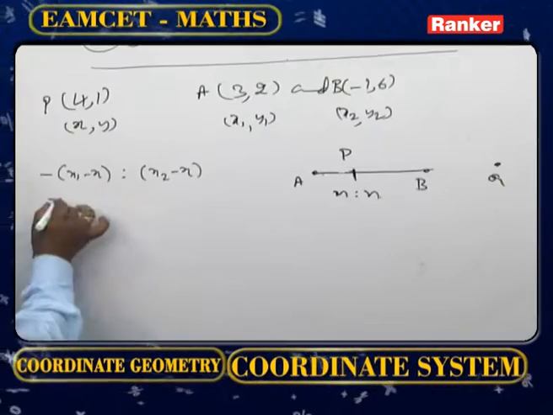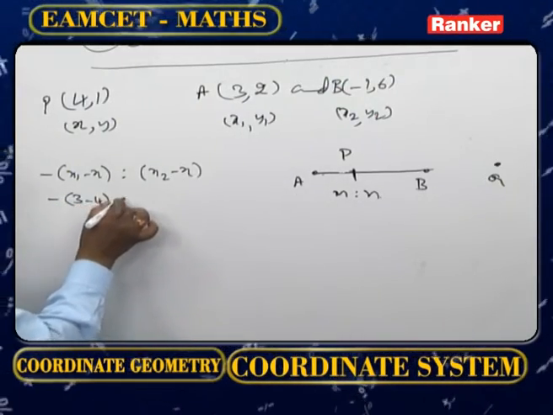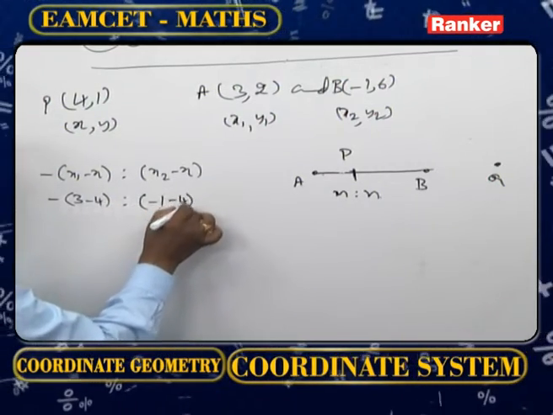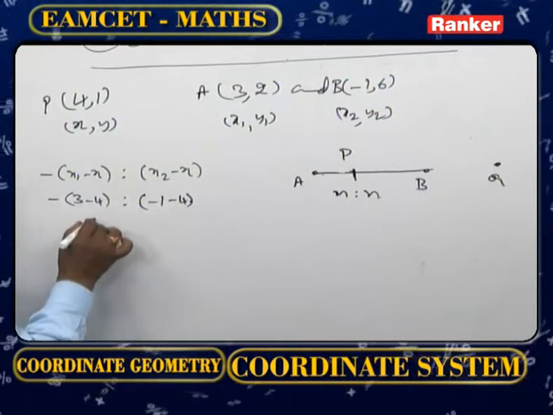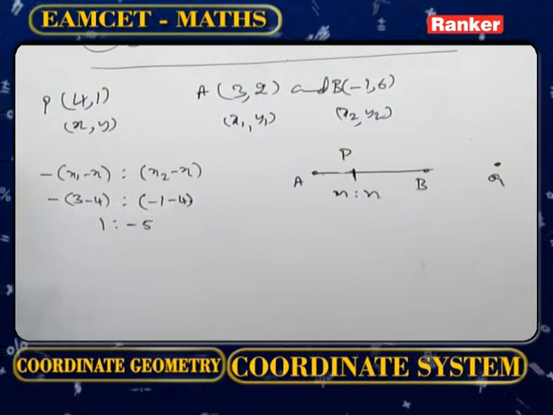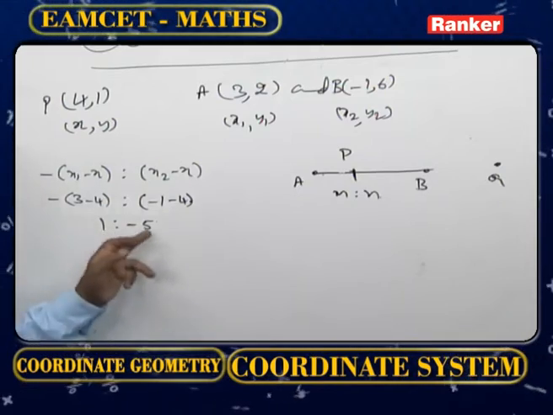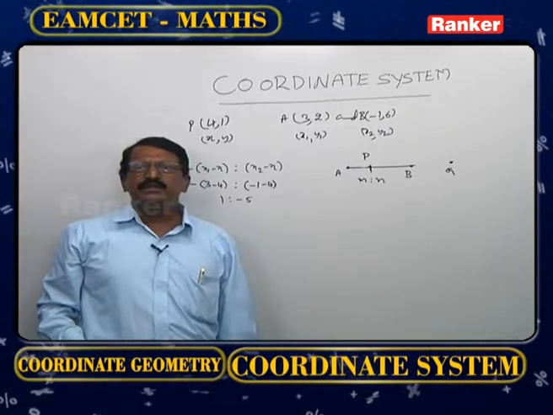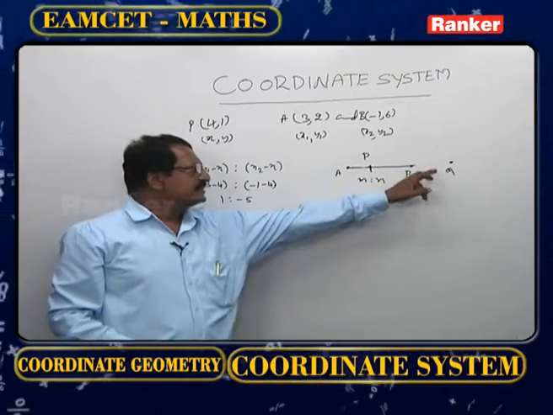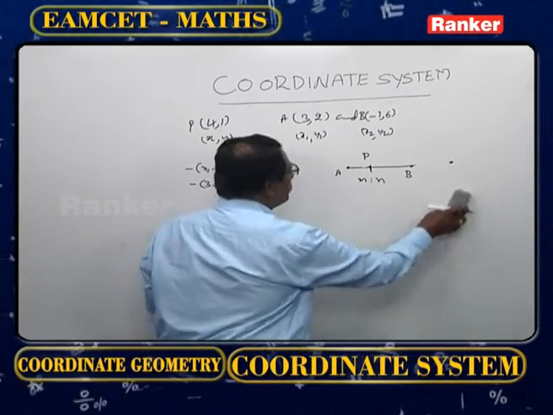That equals -(3 - 4) : (-1 - 4), which equals 1 : -5. Then the point P divides AB in the ratio 1 : 5 externally.